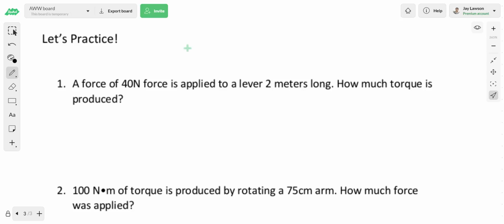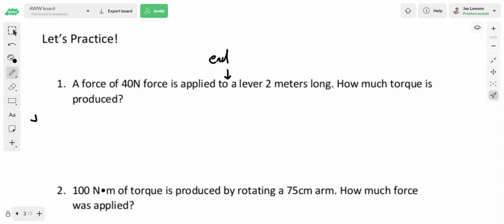So, okay, here we go. Getting to the nitty-gritty. So, number one, it says a force of 40 newtons is applied to the end of a lever 2 meters long. How much torque is produced?